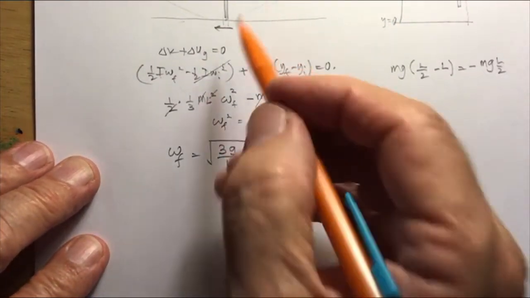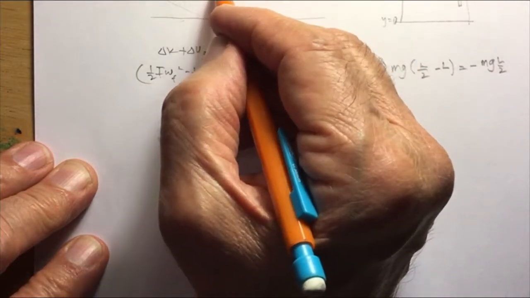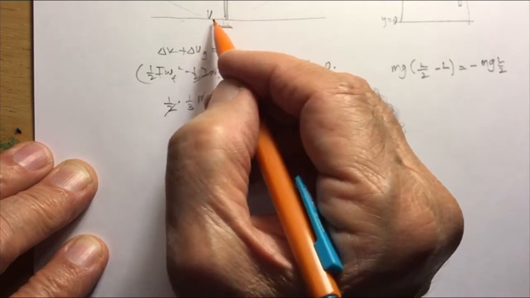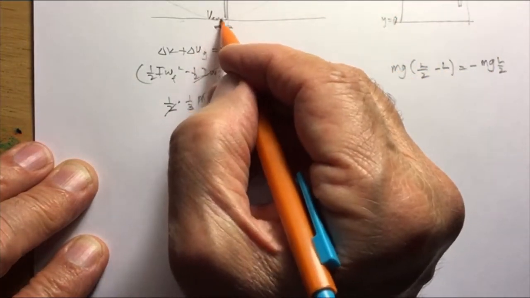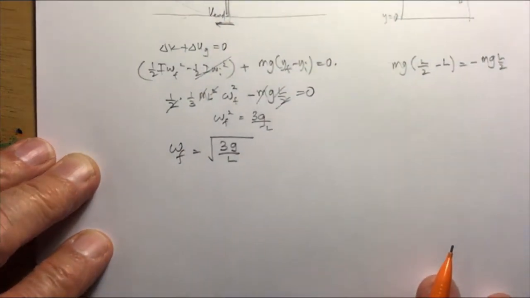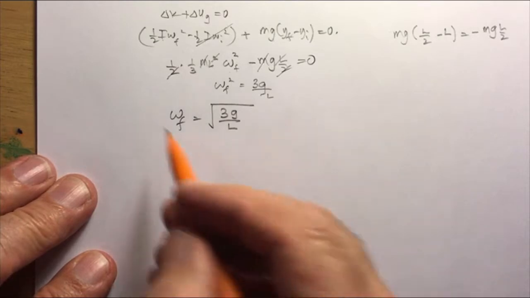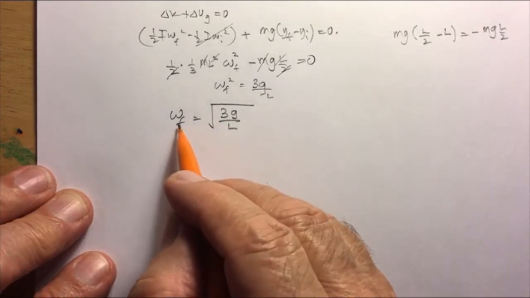And now we want to find the velocity here. So the velocity at this point is going to be v center of mass, and the other velocity is at the end of this stick. So first we'll rewrite this equation in terms of v, and we use again v equals r omega, or omega is v over r.